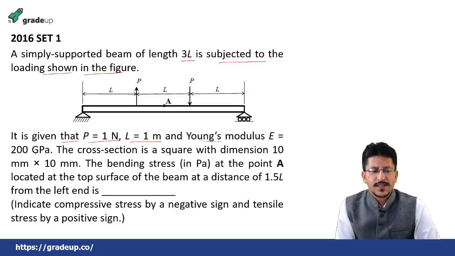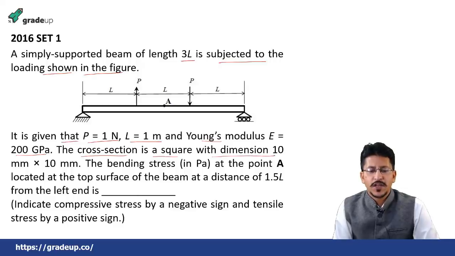The Young's modulus E is equal to 200 gigapascal. The cross section is a square with dimension 10 millimeter into 10 millimeter. Find the bending stress in Pascal at the point A located at the top surface of the beam.